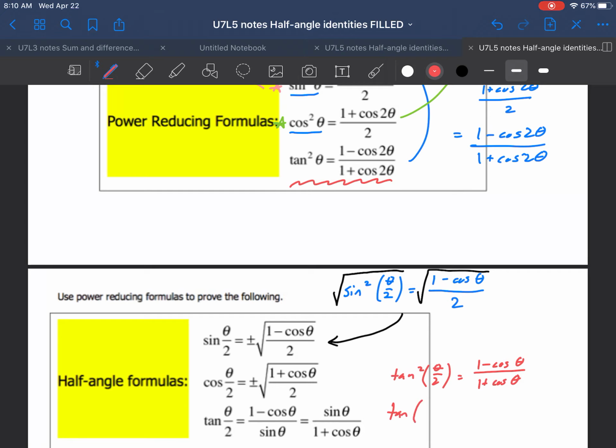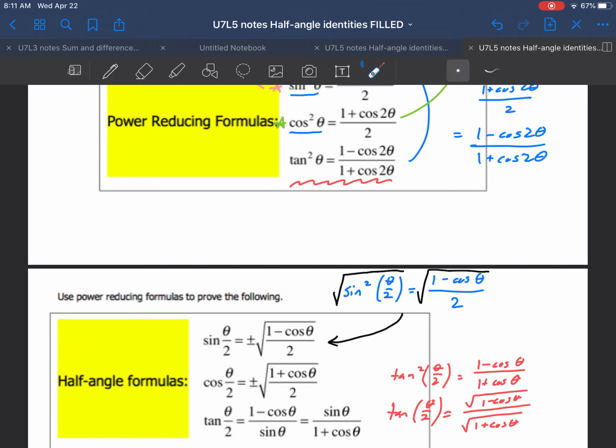And then if I square root, I get that tan of theta over 2 is equal to the square root of 1 minus cos theta over the square root of 1 plus cos theta. Okay?